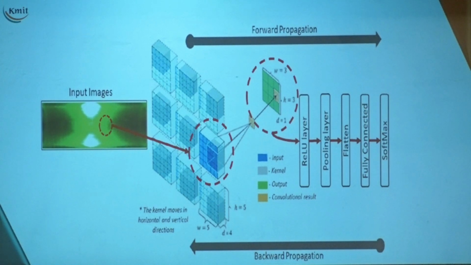So I have to convert that into 1 dimension, for which I apply flattening, and then after I get my flattened 1D array, I give this as input to the fully connected layer. The fully connected layer is nothing but the hidden layers that we usually take for ANN. After that, I take it to the output layer where I apply another activation function which is softmax.